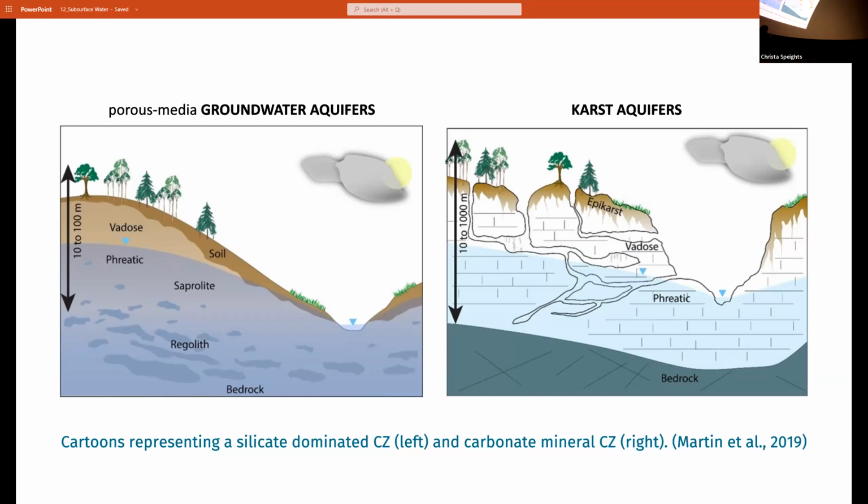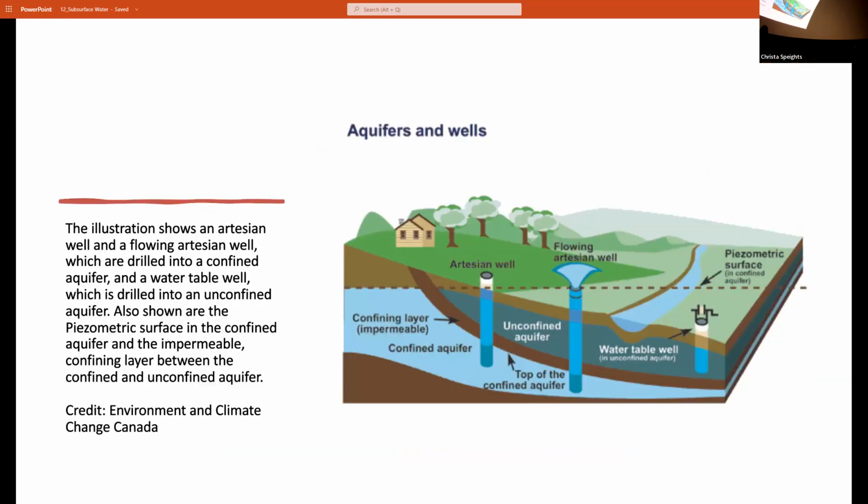So first we're going to talk about these groundwater aquifers, the silicate dominated critical zone aquifers, and then we'll talk about the karst aquifers. So when we're looking at these traditional porous-media groundwater aquifers, a lot of times you'll see these aquifers represented as a continuous rock layer that has water all throughout it.